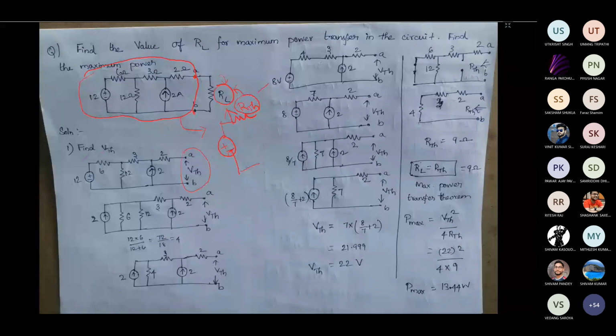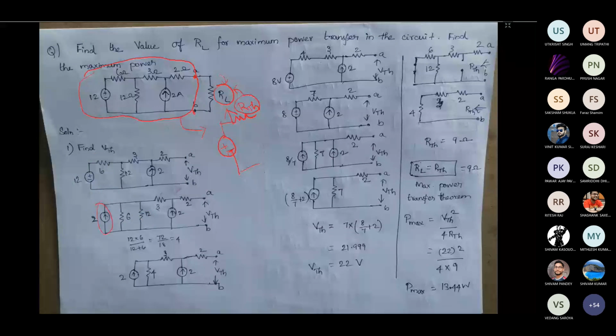Here I have a voltage source with a resistor in series, so I am changing that to a current source with a resistor in parallel using the source transformation technique. Once I do that, I get one 6 ohm resistor and a 12 ohm resistor here. Now you see a point here. Till now, whenever we discussed current sources, we saw that two current sources were in parallel.